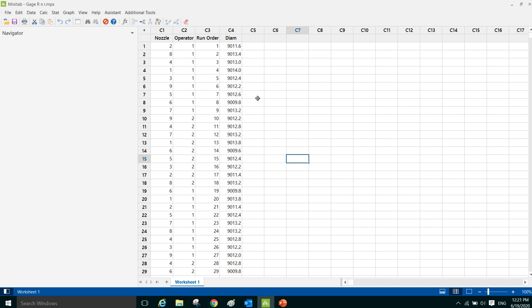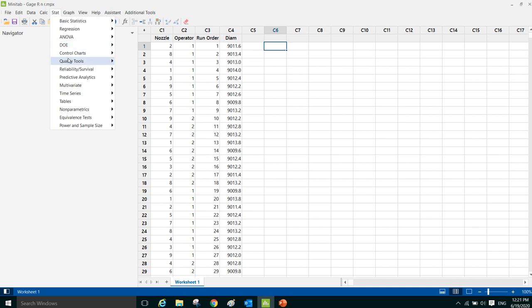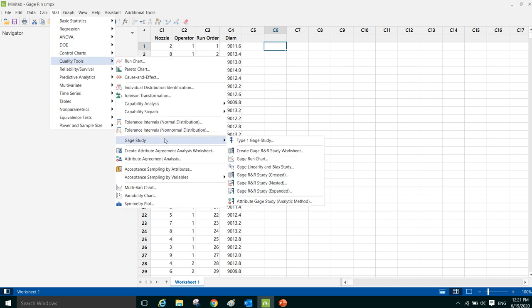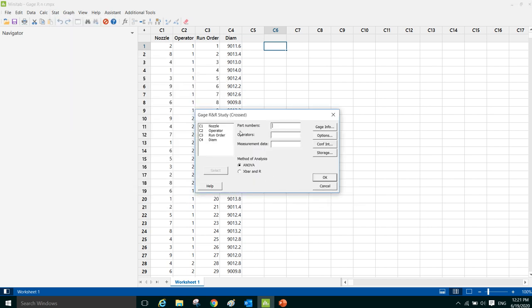So this is the data. Okay, so the measurement result is in C4. I will start with Stat, Quality Tools, Gauge Study, and Gauge R and R Study Crossed. For part numbers, I need to select nozzle, operator is C2, and measurement data is diameter.